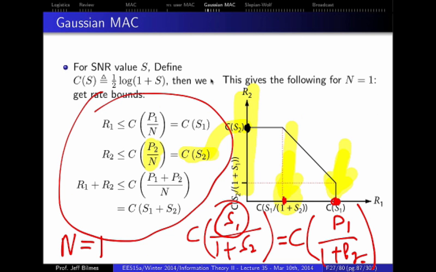Now, the other thing is that we get these other points for the same reason. Sender 2 can never communicate at greater than this line. But if we are communicating at this point here, then, depending on which coding strategy we use, we can still send something for S1. We don't have to completely turn off S1's rate.